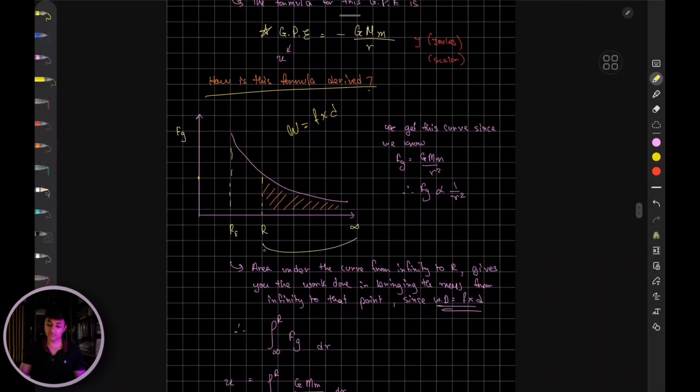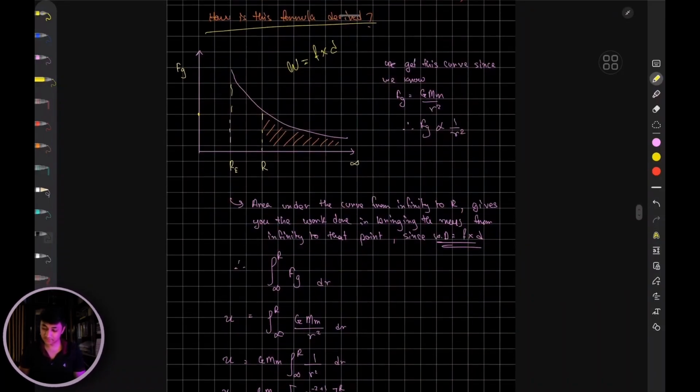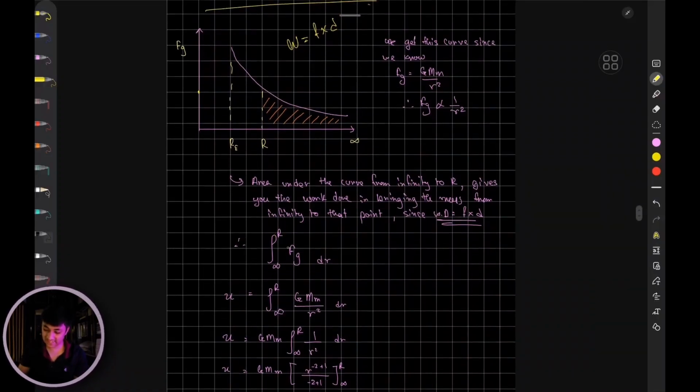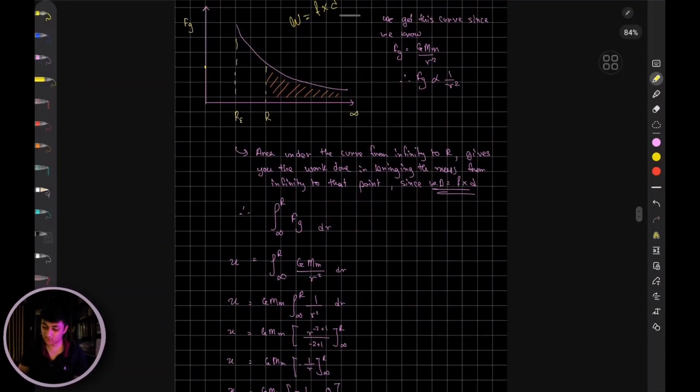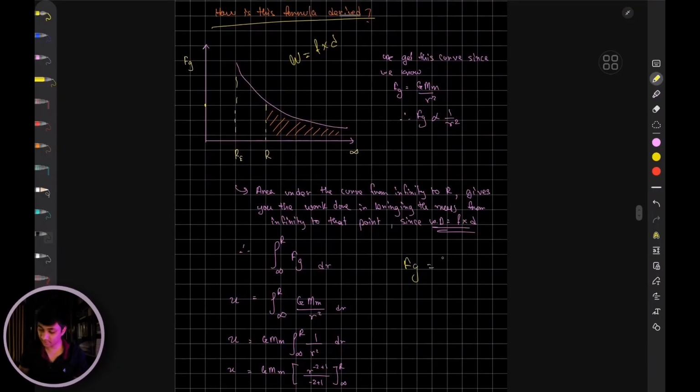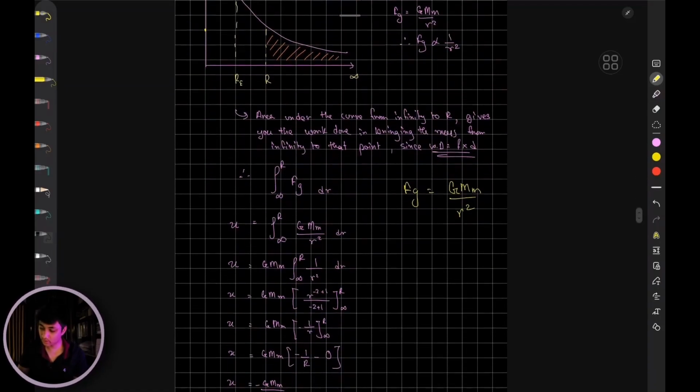That's how you're going to find the formula for gravitational potential energy. Therefore, from infinity to r, let's integrate. So you know the formula for force, Fg, and you're taking the upper bound as r, lower bound as infinity, because you're going from infinity to r, right? Great. So you're integrating with respect to r, because it is a function of r, Gmm by r square, right?